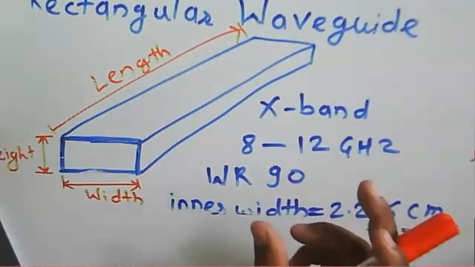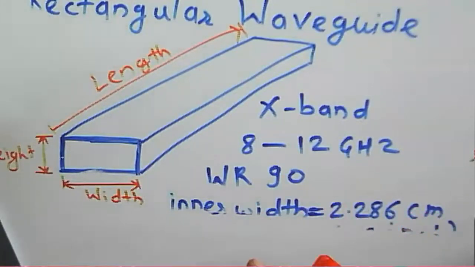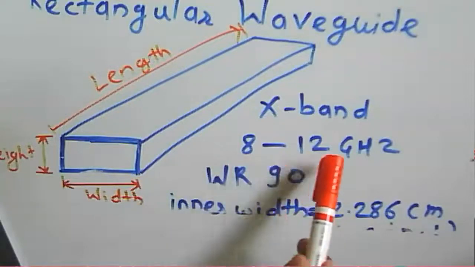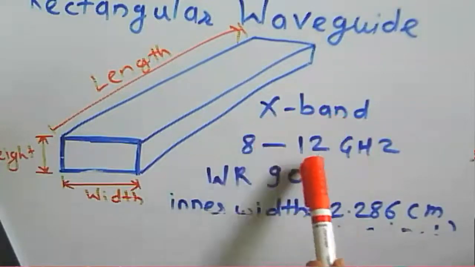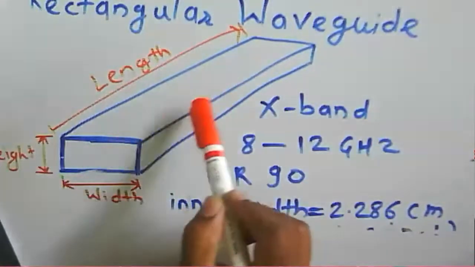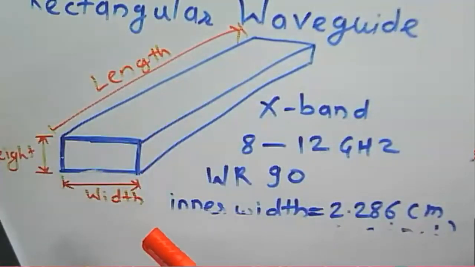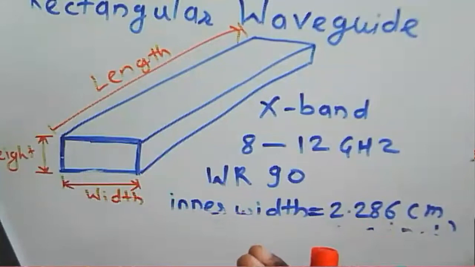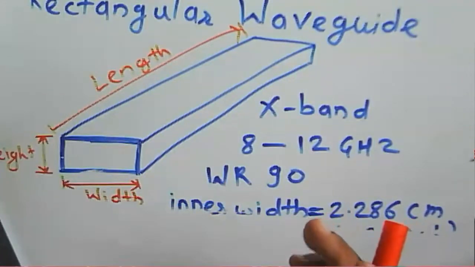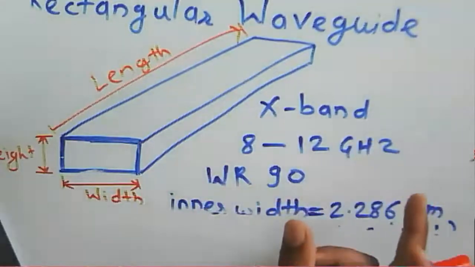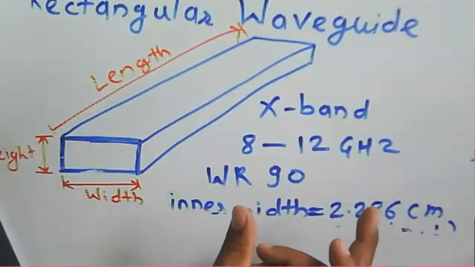Then we'll talk about the various modes of propagation and what the cutoff frequency will be. The cutoff frequency for a mode depends upon the operating wavelength of this waveguide and the mode of propagation, either a TE mode or a TM mode. According to that, we will see the modes and the cutoff frequency for the given particular mode.